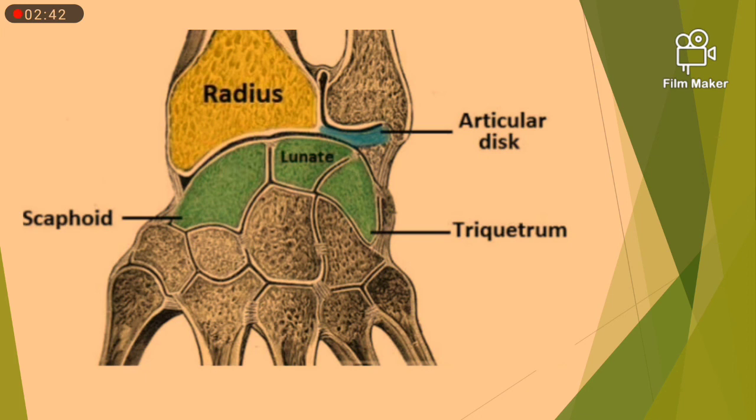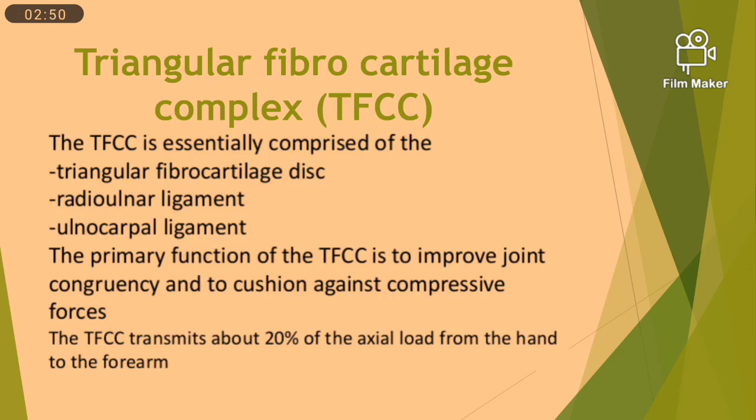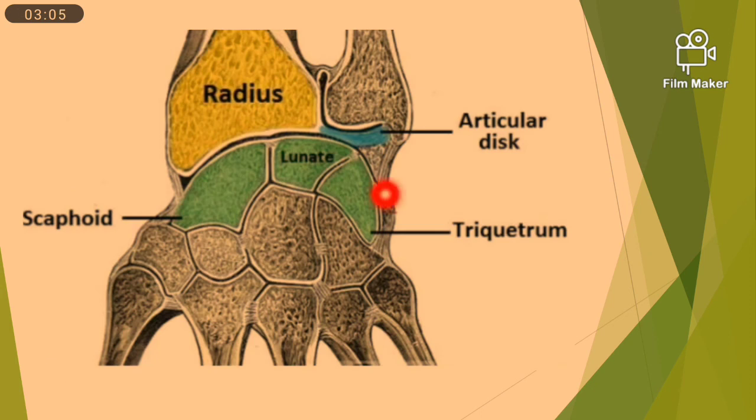And this part is the articular disc that we'll discuss shortly, that is the TFCC, the triangular fibrocartilaginous complex. Already we have seen the TFCC. TFCC is the triangular fibrocartilaginous complex.